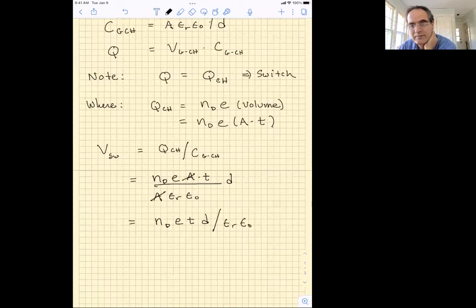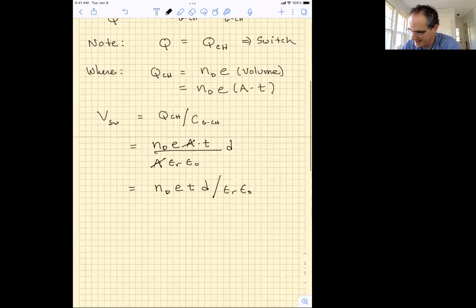Now, here, let's put in some reasonable parameters. So these are reasonable numbers, but I will admit, I'm choosing them to get a reasonable voltage in the end. So let's suppose that N_D is equal to, say, 2 times 10 to the 23rd electrons per meter cubed. So that would be a heavily doped channel, but not that heavily doped.